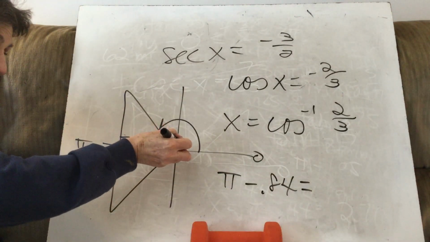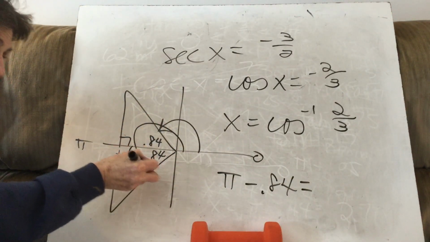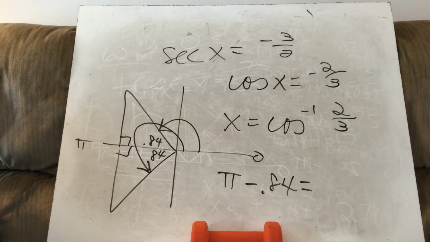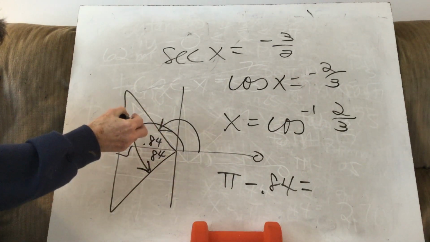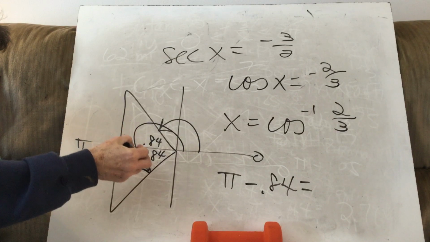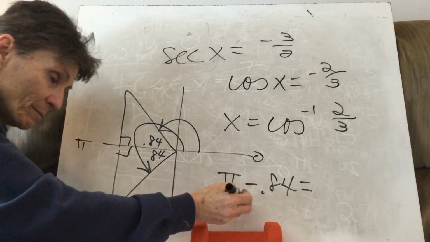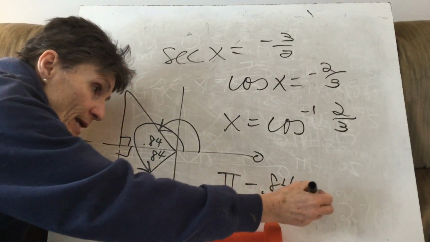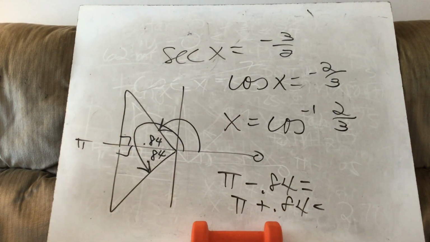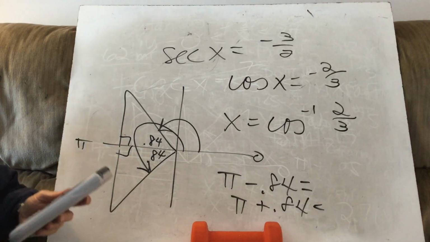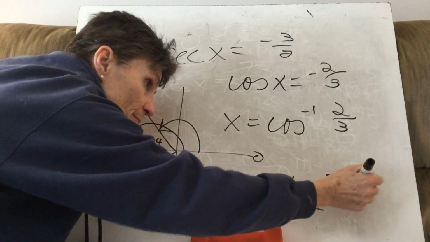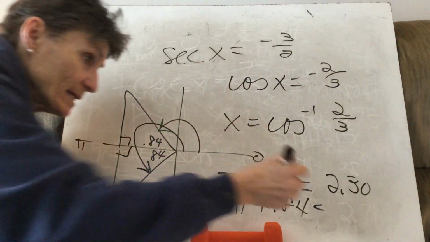And then I'm going to find my second answer, which will be what? My second one goes all the way around past pi down to here. What will that one be? Pi plus 0.84. Yep. And those are the two answers to the problem. So pi minus 0.84 and pi plus 0.84. So you should have gotten 2.30 and 3.98.